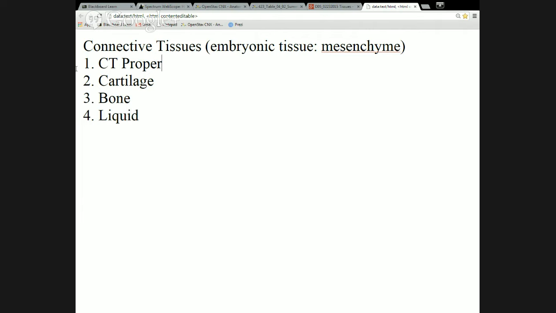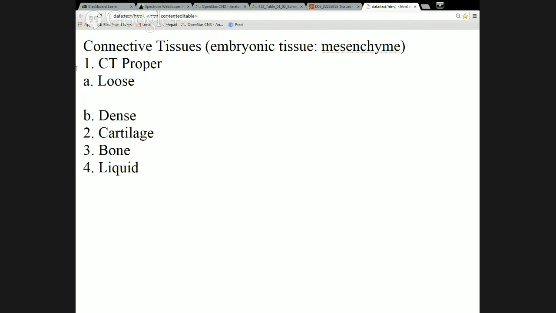So laying out those 4 major types, connective tissues proper fall into 2 groups. There are the loose connective tissues and the dense connective tissues. And within that, we have a little bit more differentiation.